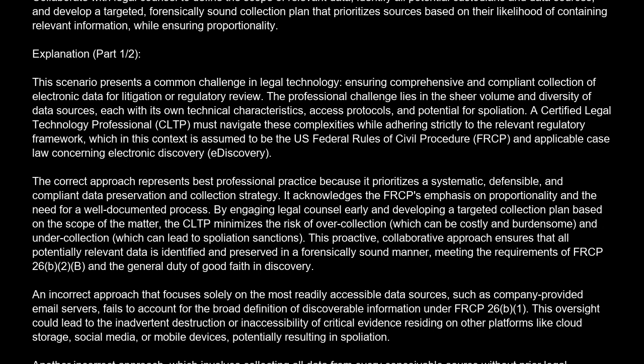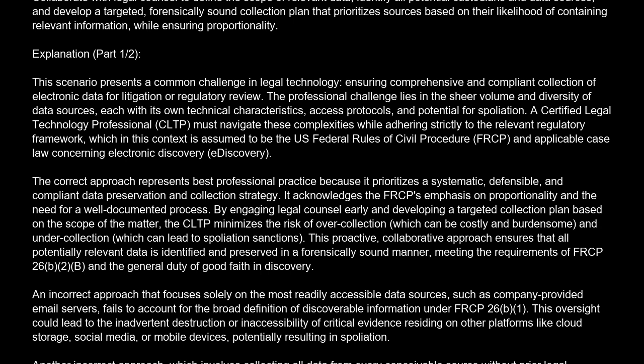The correct approach represents best professional practice because it prioritizes a systematic, defensible, and compliant data preservation and collection strategy. It acknowledges the FRCP emphasis on proportionality and the need for a well-documented process.